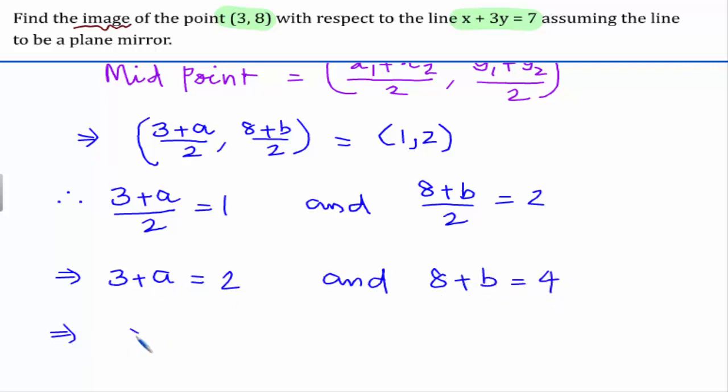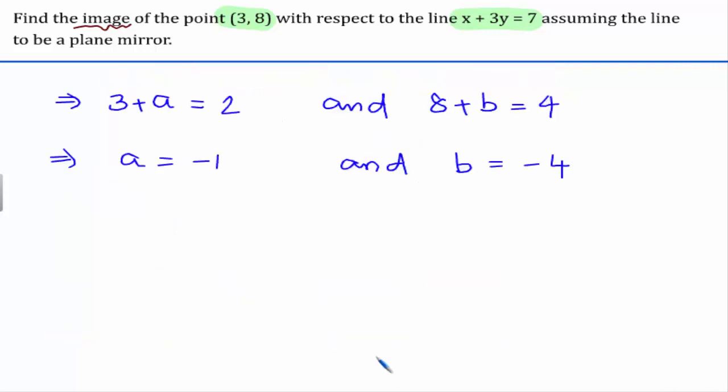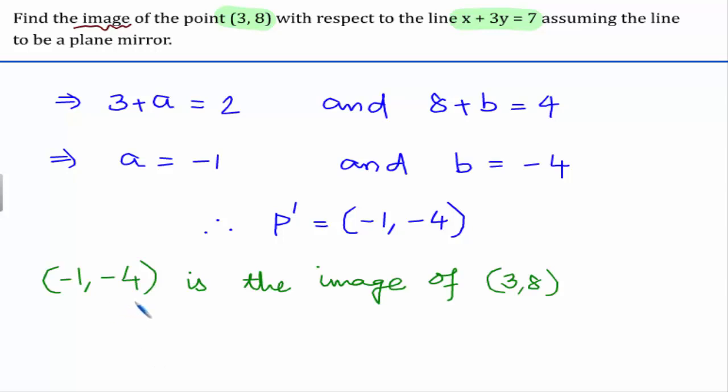So a is equal to minus 1 and b is equal to minus 4. So therefore P dash is equal to minus 1 comma minus 4. So therefore minus 1 comma minus 4 is the image of 3 comma 8 with respect to the line x plus 3y is equal to 7.